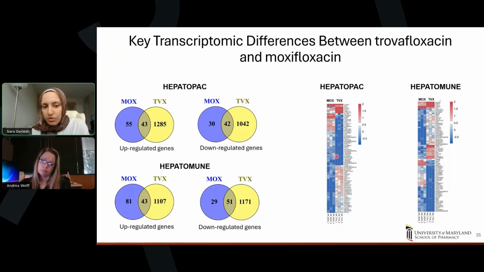And here I'm also showing heat maps of different genes, and this shows how different the expression profiles of the two drug groups are, where different genes are being differentially expressed. Same case in HEPATOPAC and HEPATOMUNE. And usually trovafloxacin will also have a higher fold change.